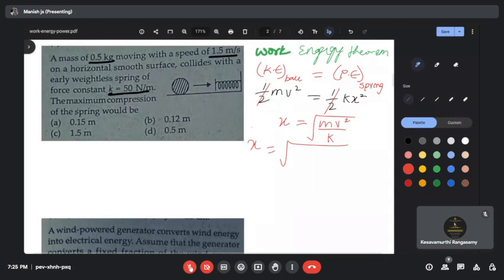M is 0.5, which can be written as 5 into 10 power minus 1. V squared, which is 1.5 squared. Okay, so 15 squared is anyways, I think you guys know. What's the square of 15? 225, right?